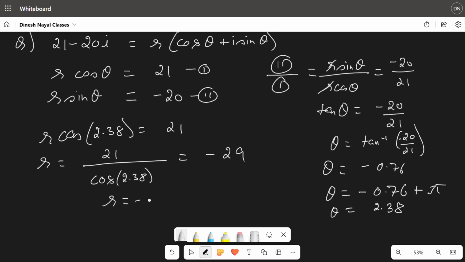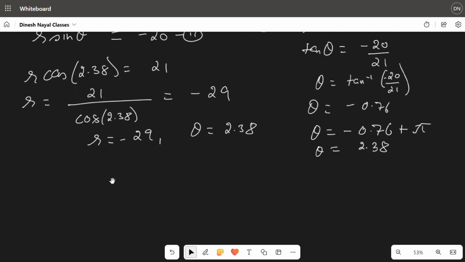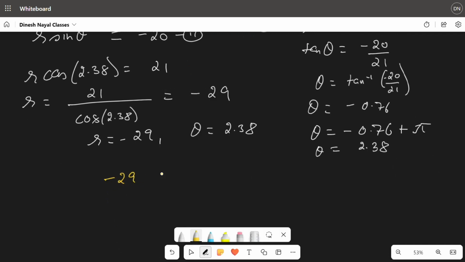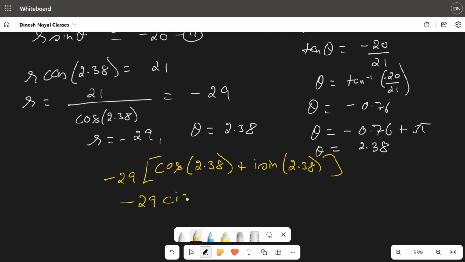So we have r as minus 29 and the argument as 2.38. Now writing this in this form, this will be minus 29 cos 2.38 plus i sin 2.38. Or you can write this as minus 29 cis 2.38. So that's our answer.